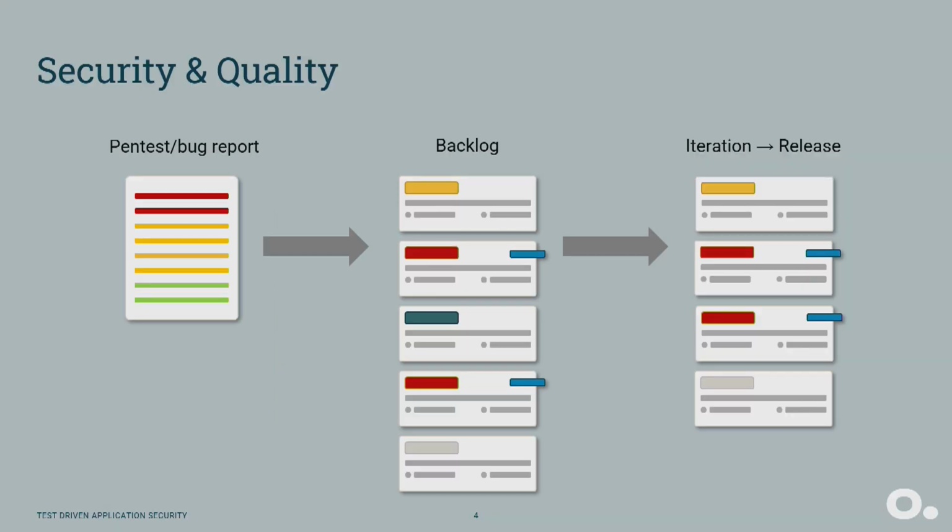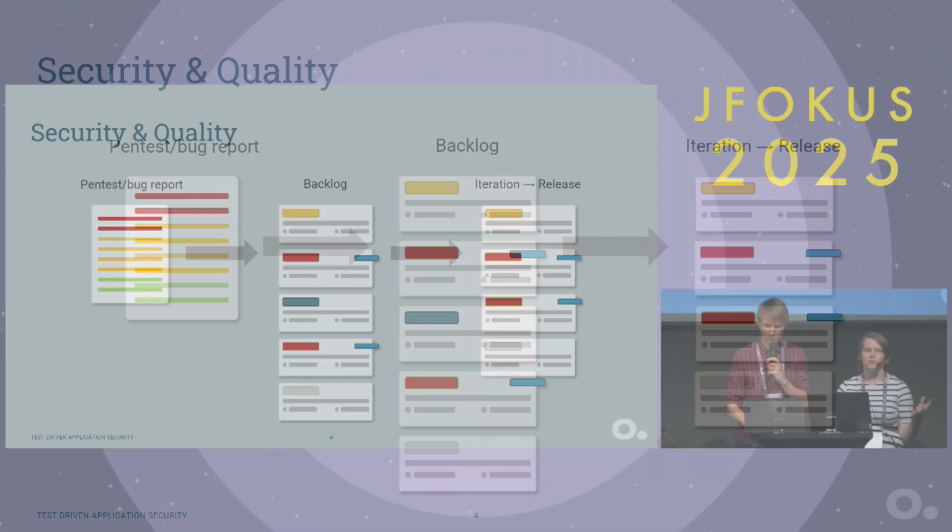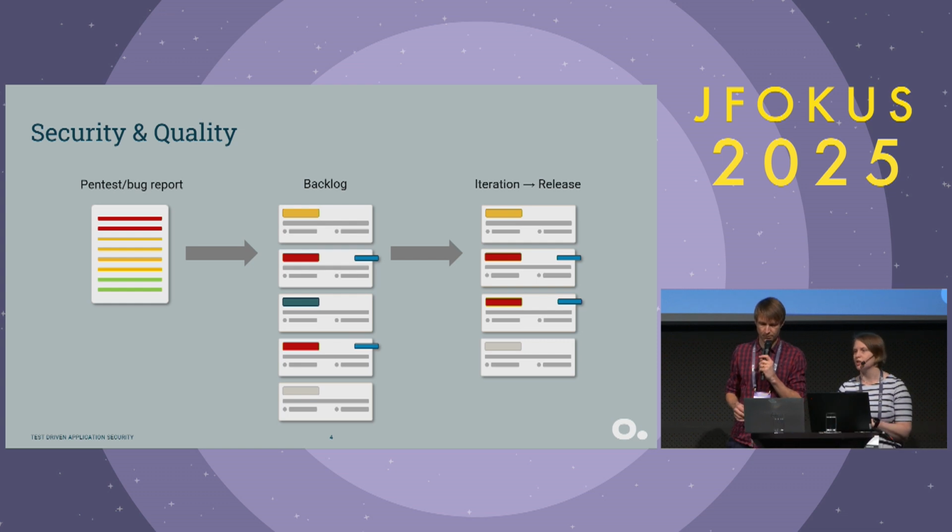Here we have a pen test report where the findings are represented by the red, yellow, and green lines depending on the risk. And we take those and refine them and put them in the backlog. But even if vulnerabilities are just bugs that are waiting to be fixed, there is a really important difference between security bugs and normal traditional bugs.